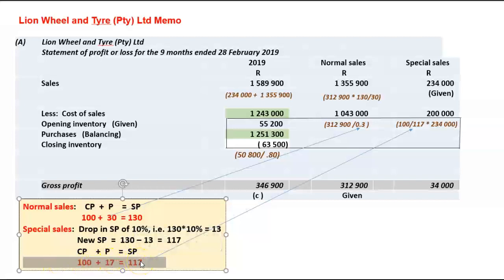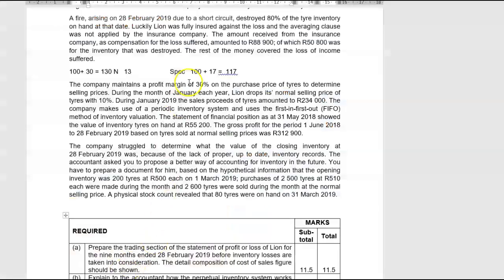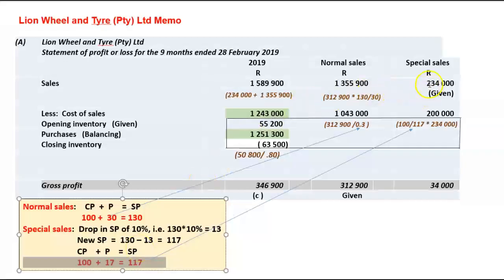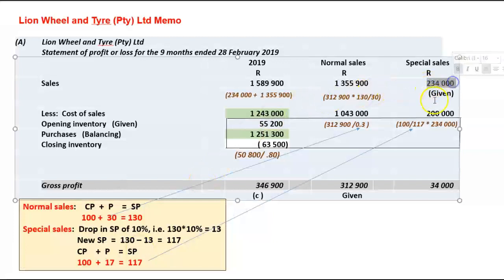Now let's see where we can start building the puzzle. The first thing that they gave us is the proceeds of the special sales, and the proceeds of the special sales was 234,000 Rand. We have the profit formula, so therefore we can work out cost of sales and gross profit.